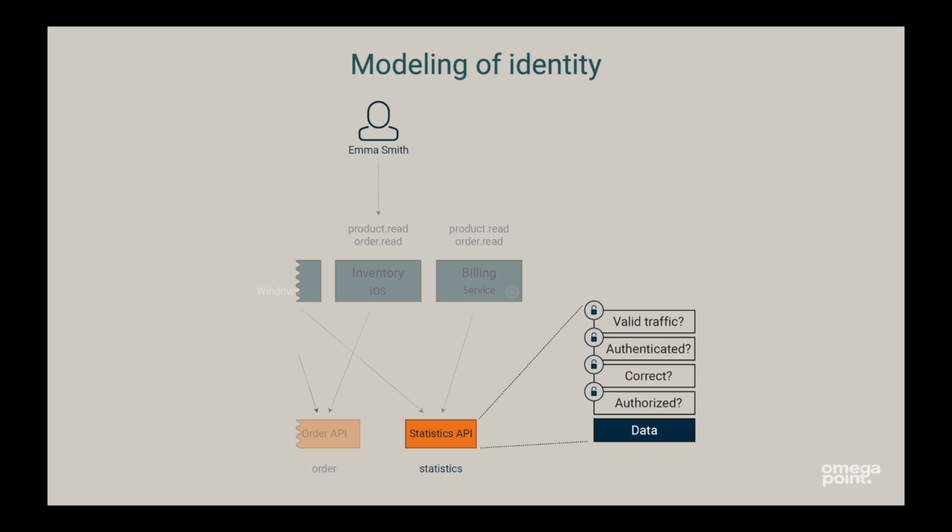Every request to every API includes a token that contains information about the user. Her identity, details about the authentication event, and what scopes and audiences she has consented to. And based on this information in the token, we will move to a permission model in order to make authorization decisions in our domain logic.